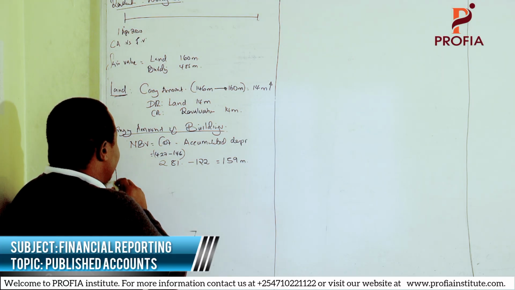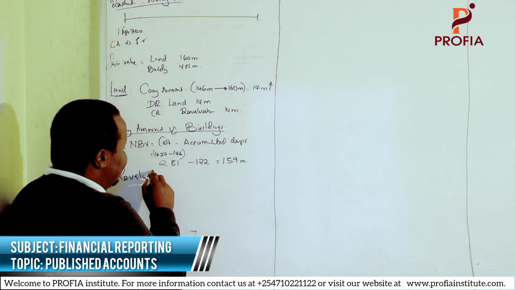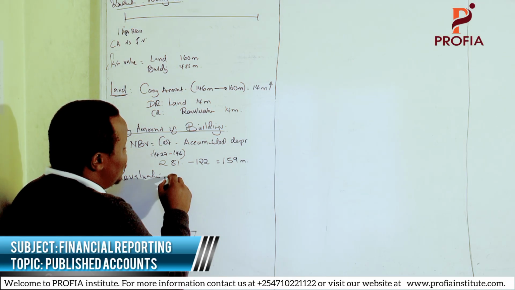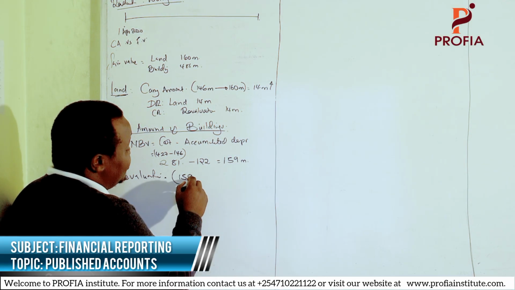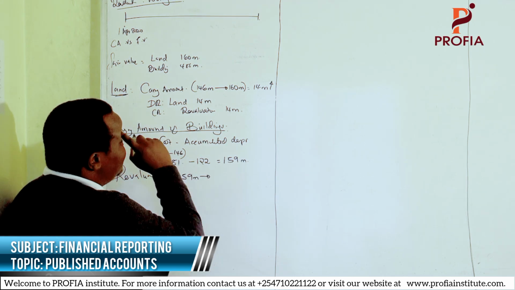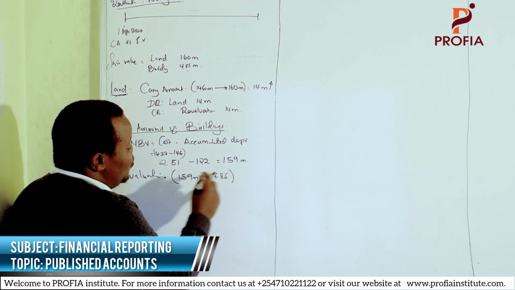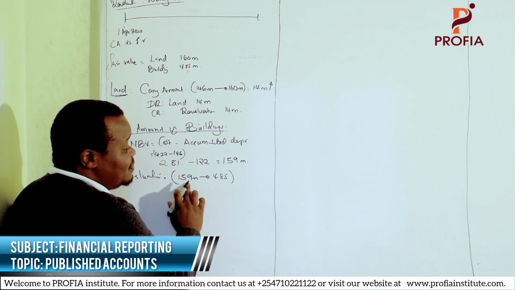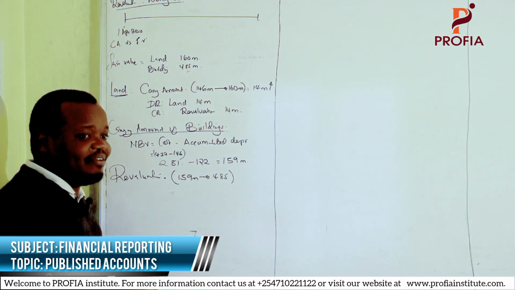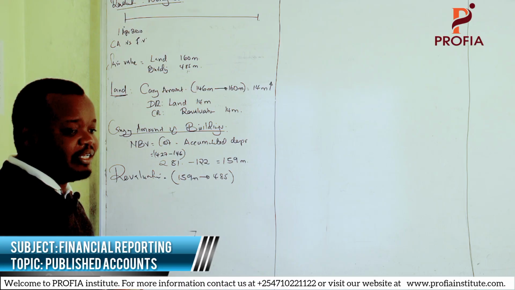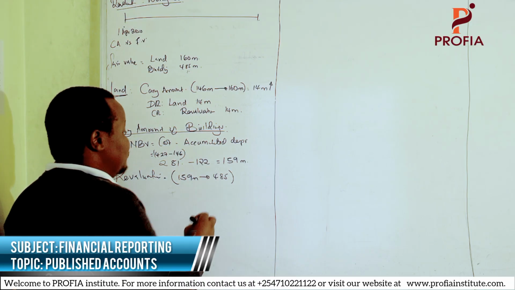So we are revaluing it. Revaluation is taking place from 159 million to how much? 485. We now want to take the carrying amount from 159 to 485.